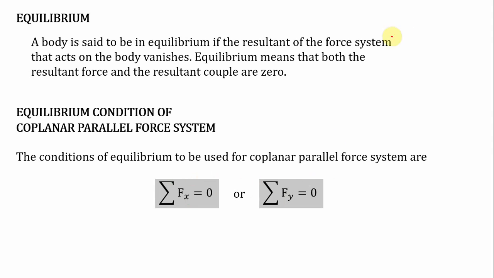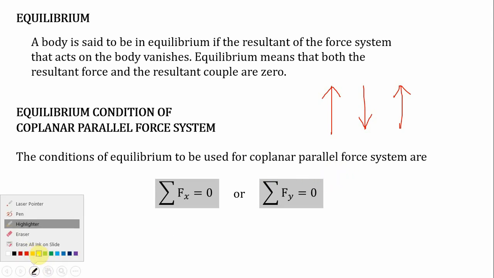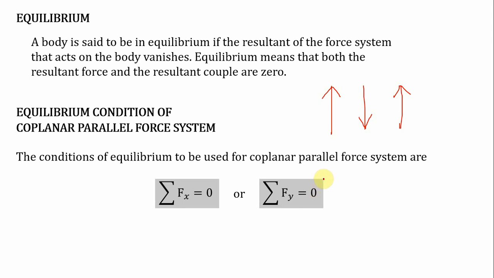Example class, kapag yung force natin of a force system is vertical and parallel to each other, yung equilibrium condition class is yung target natin is to make an equation. Para makakuha tayo ng equation class, since yung vertical naman yung forces natin, yung summation of forces na gamitin natin class, ito yung gamitin natin.